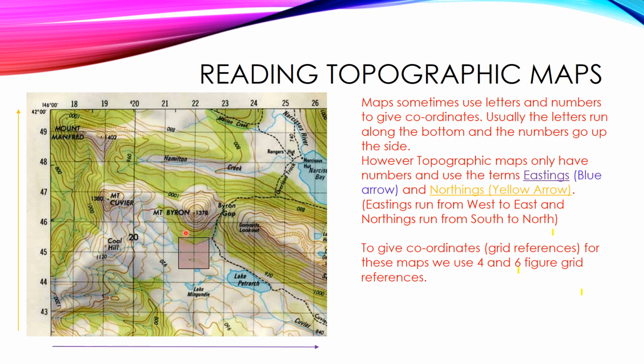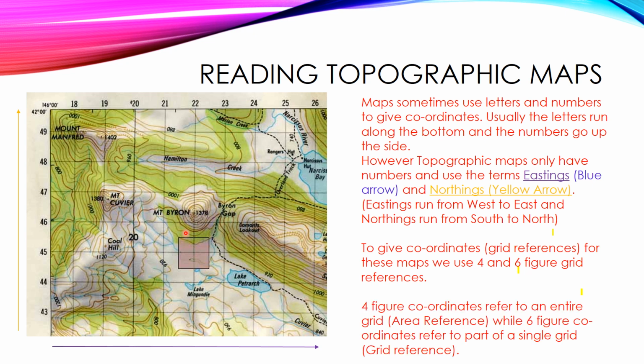To give coordinates or grid referencing for these maps, we use 4 and 6 figure grid references, and I'm going to explain what they are. 4-figure coordinates refer to an entire grid, so an entire box.